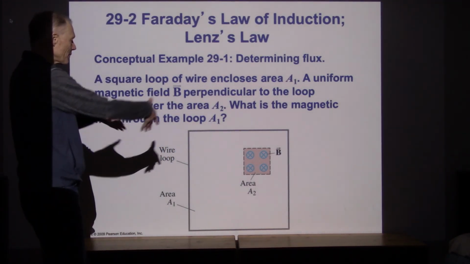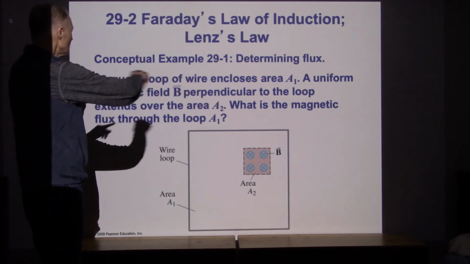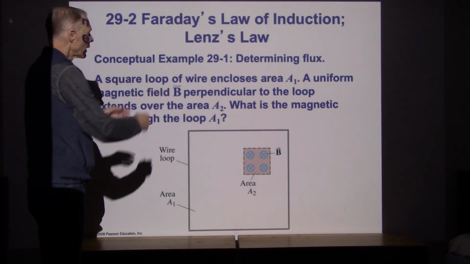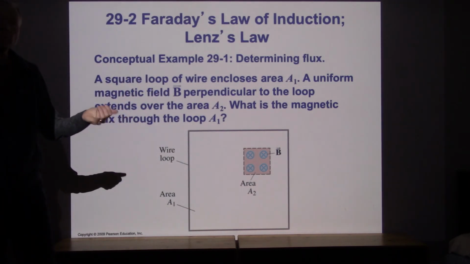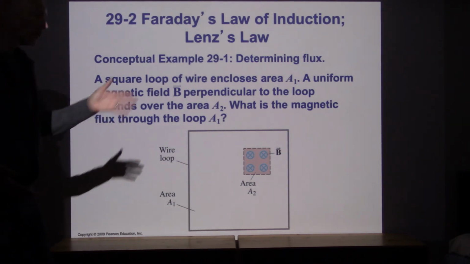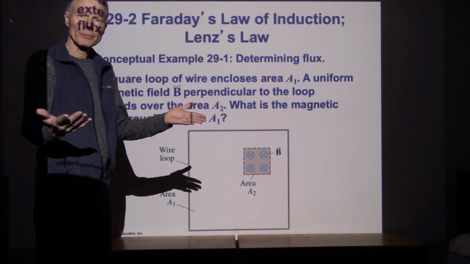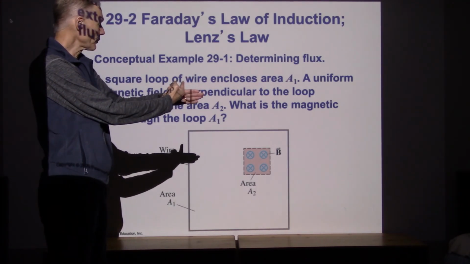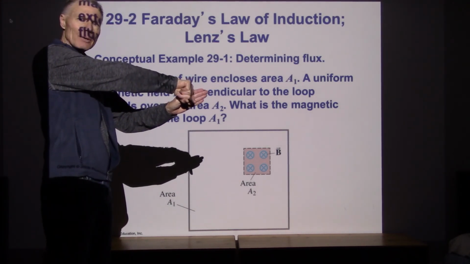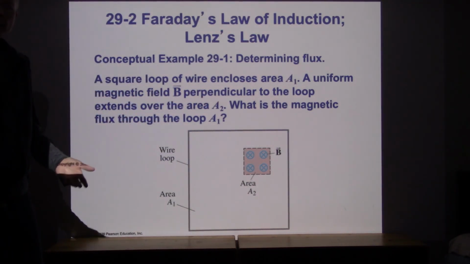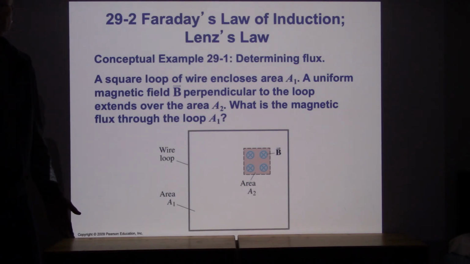So even though I've got this wire loop that is really big, the entire flux is just coming from that region where the magnetic field is located. Now what if I did do this? If I have an area, I have a choice here. I can define the area vector to be into the board, or I could define it coming out of the board. And it's true, in any given problem, I get to decide which direction I want the area vector to be pointing. I have those two possibilities.